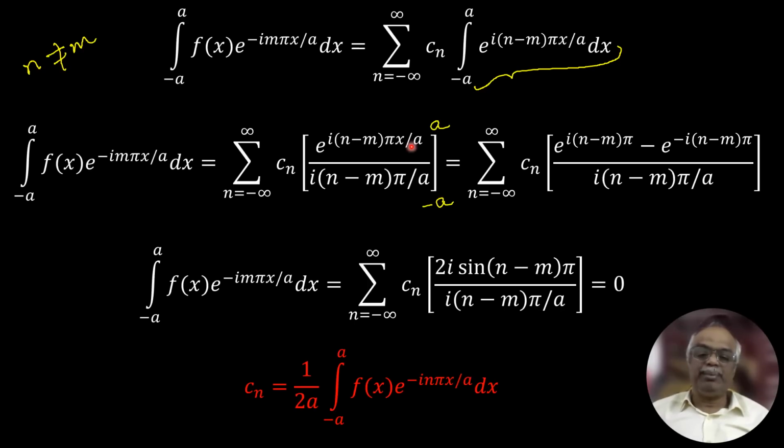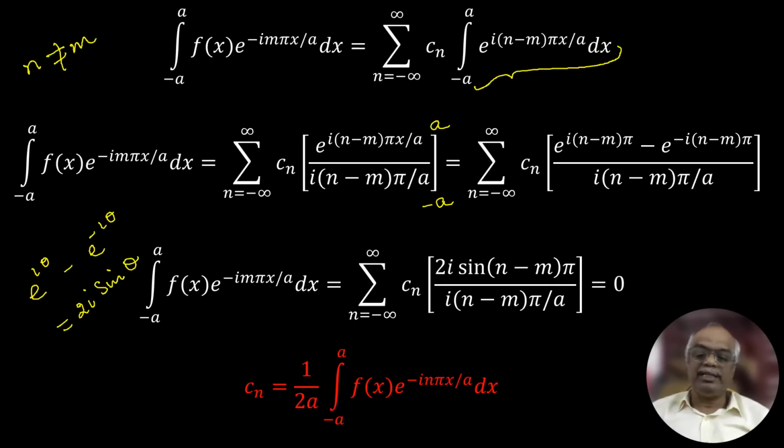If you apply the upper limit, you replace x by a, then a will get cancelled. You will get e power i n minus m pi. Then if you apply the lower limit, x is equal to minus a, this will become negative because a will get cancelled. You will get minus e power minus i n minus m pi divided by this denominator. You know very well that e power i theta minus e power minus i theta is equal to 2i sin theta.